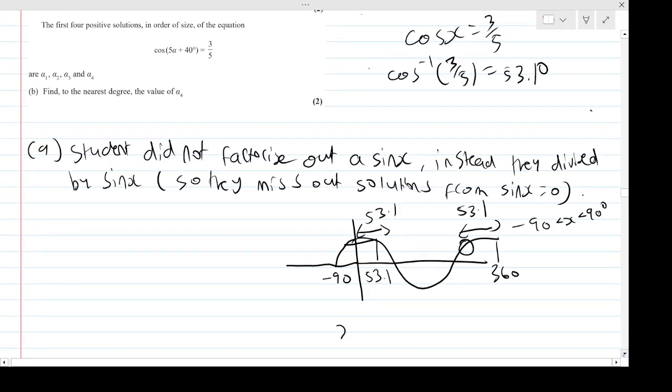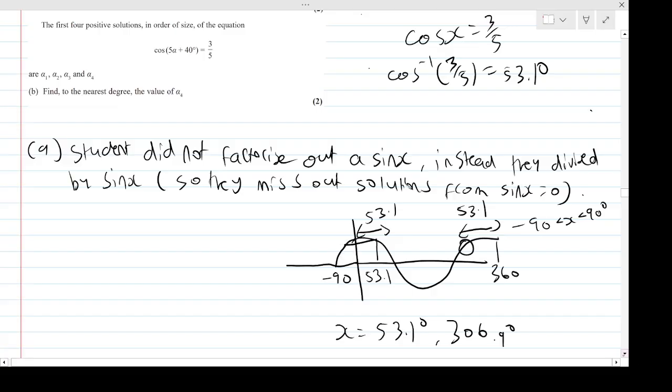So x is 53.1, and the other solution will be 360 take away 53.1. That would be 306.9. But then to find this other solution, we need to go backwards by 360, right?